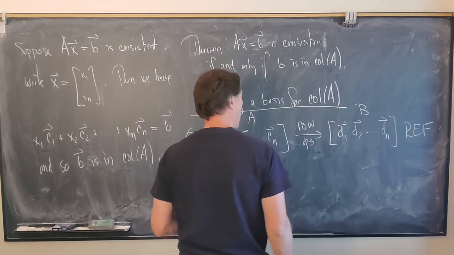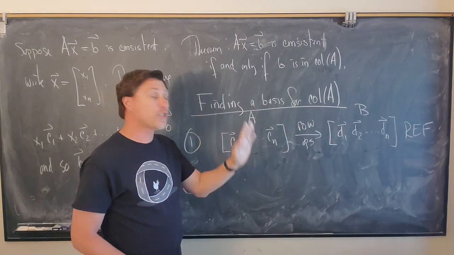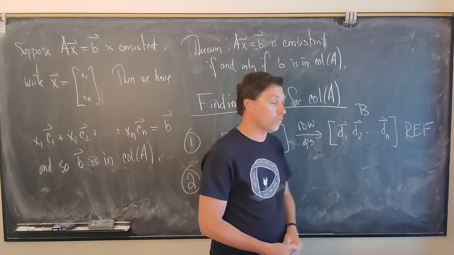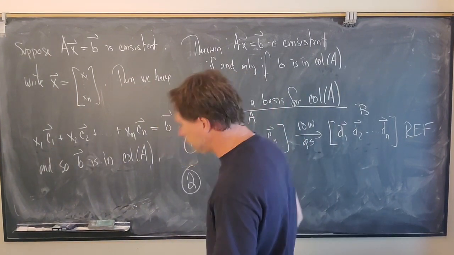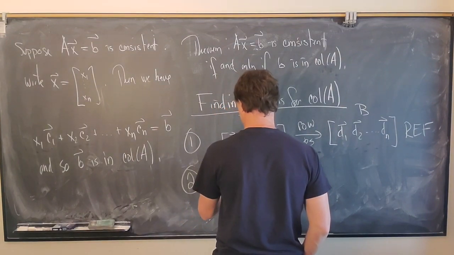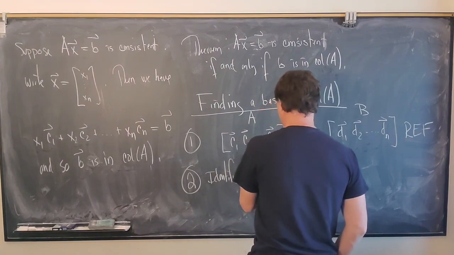Now, once we have our matrix in row echelon form, we can identify which of the columns are pivot columns. Right? So let's say identify the pivot columns.